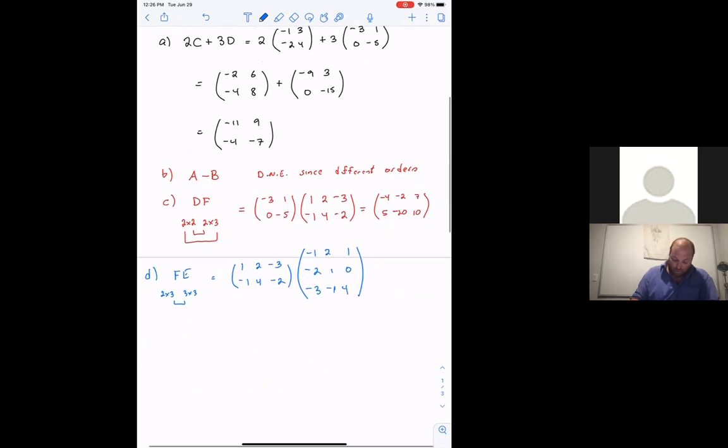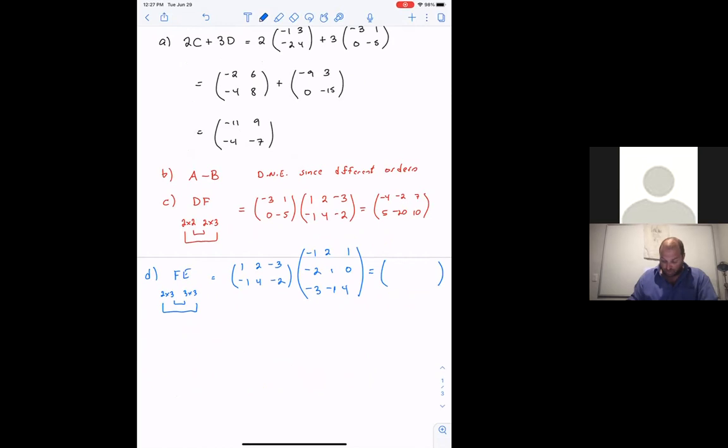And when you multiply a 2 by 3 by a 3 by 3, you end up with another 3 by 3. Oh, sorry, 2 by 3. The outside ones are 2 by 3. So we have 6 slots.